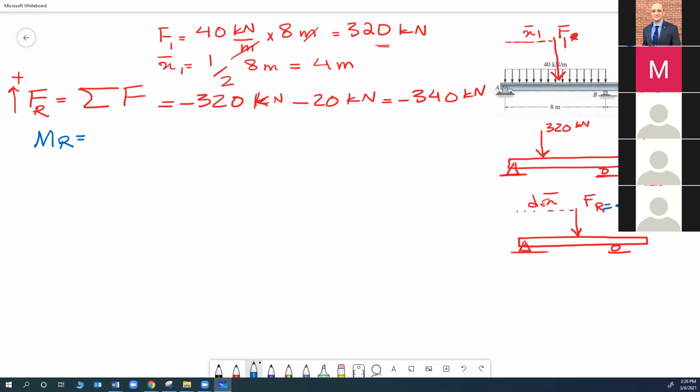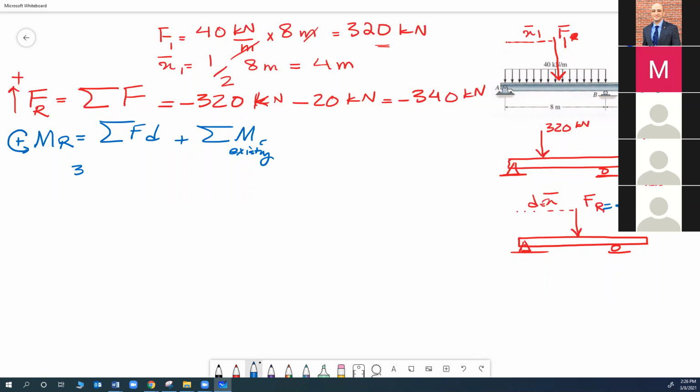It would be the moments of those two forces and also any existing moment. Exactly. So it's going to be the summation of FDs plus the summation of existing moments. All right, let's use the sign for this one too. Anything that goes counterclockwise, I'm going to take as positive.